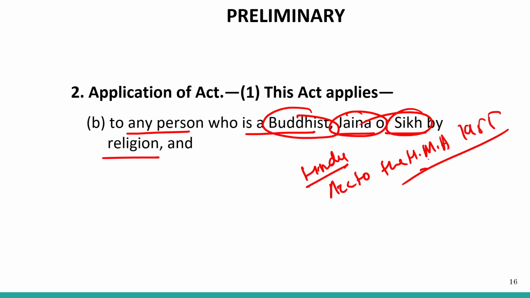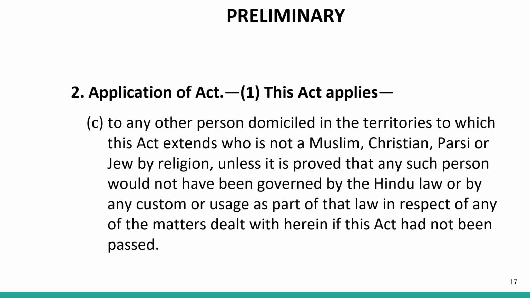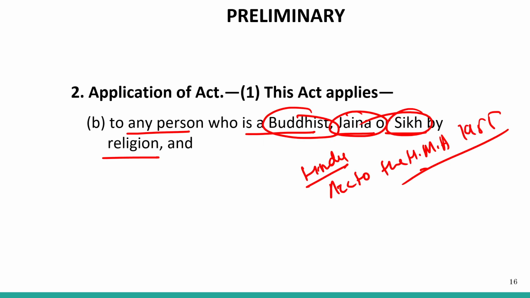Which means that if you are a Buddhist, a Jain, or even a Sikh, you have to abide by the terms of the Hindu Marriage Act of 1955 in order to consummate a valid marriage, and all the conjugal rights that come with the legality and validity of that marriage will be given to the spouses. So this was about to whom this act will be applicable.